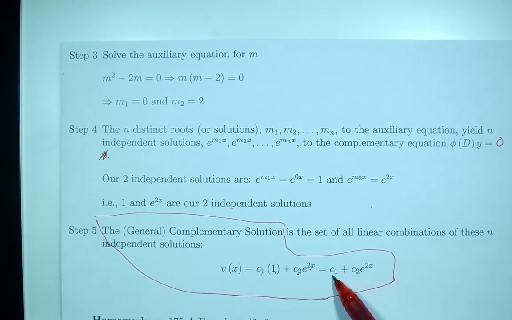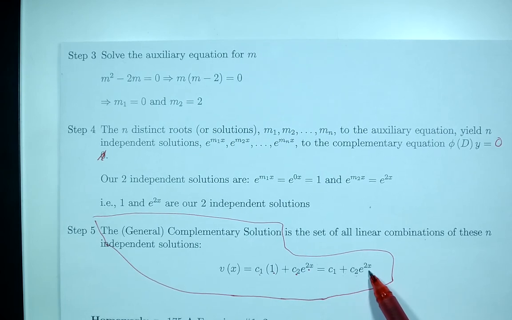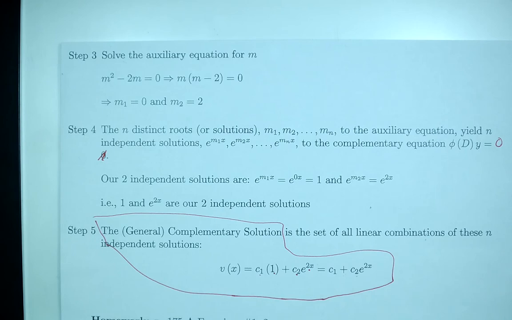It looks like some constant plus some constant times e to the 2x. Okay?